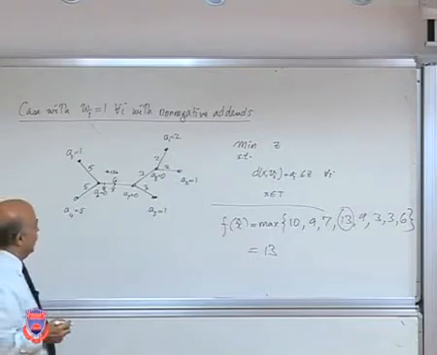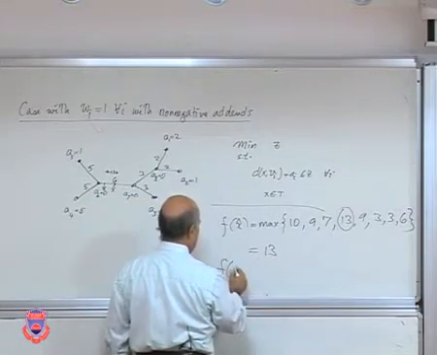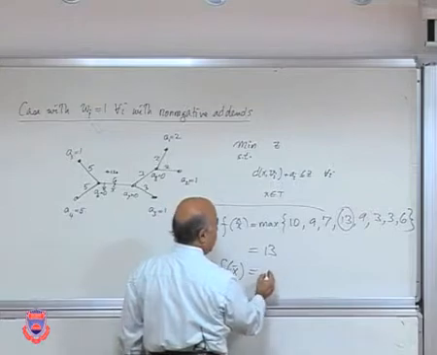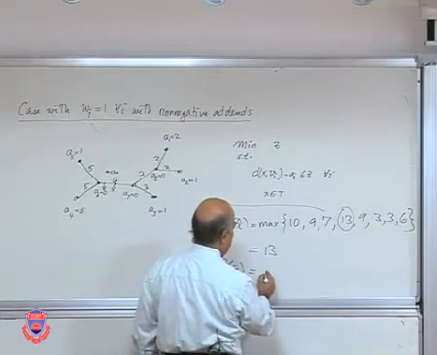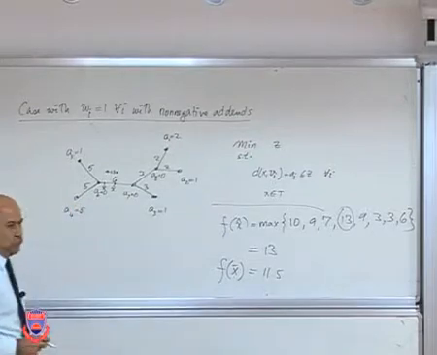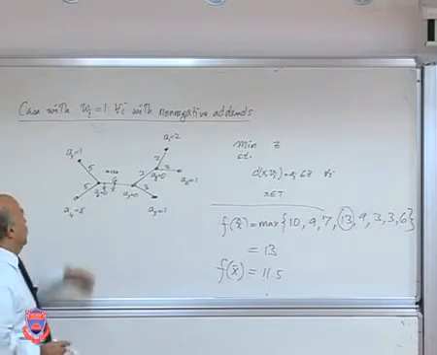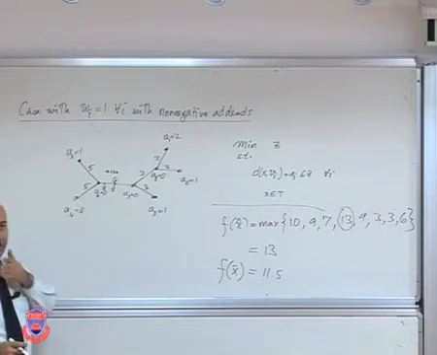So in that case, the value of f of x bar would be reduced by 1.5, so it will be 11.5. Okay, you can compute that. So, of course, by inspection we can solve it like this.